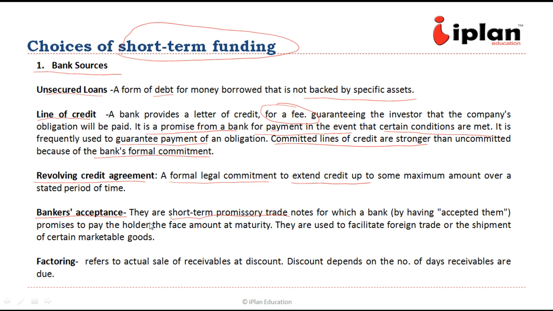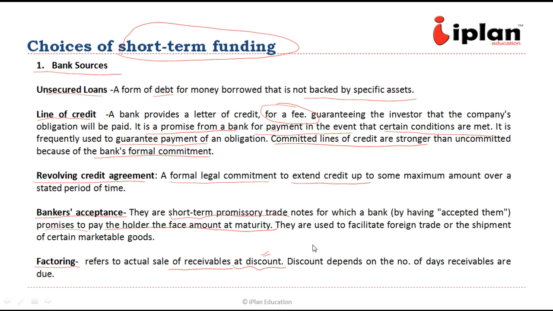So they are issued at a discount and the promise is made to pay the face value of the banker's acceptance. And finally, there is factoring, where the firm tries to get receivables before the credit time by offering a discount to the customers. So they pay early and get a discount, and the company gets receivables early so that they can fund their short-term liabilities.